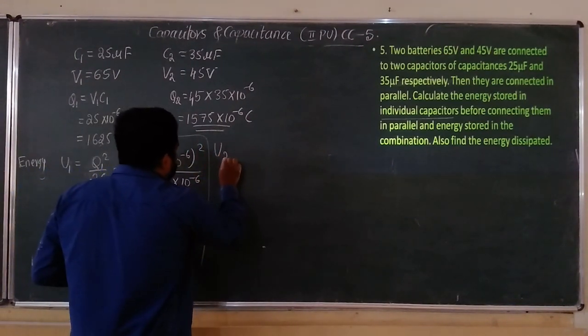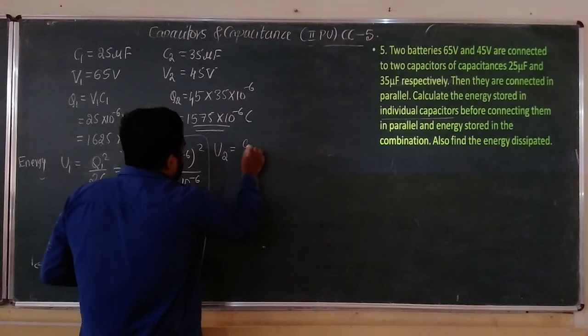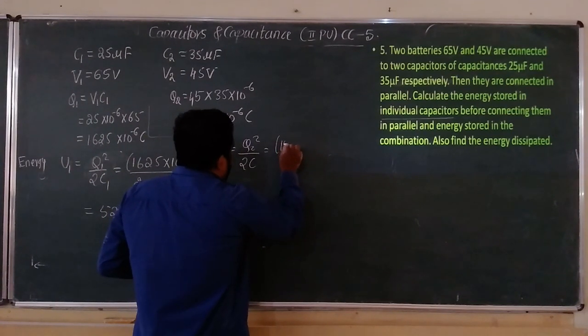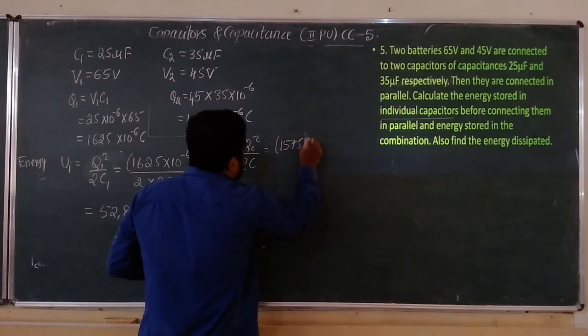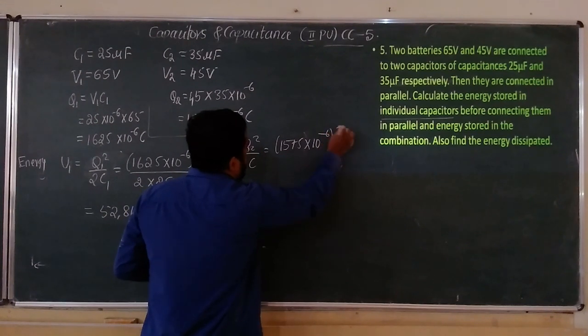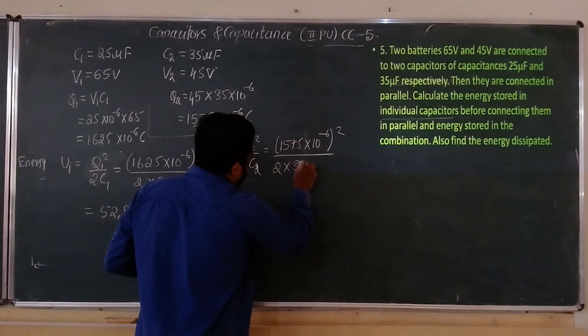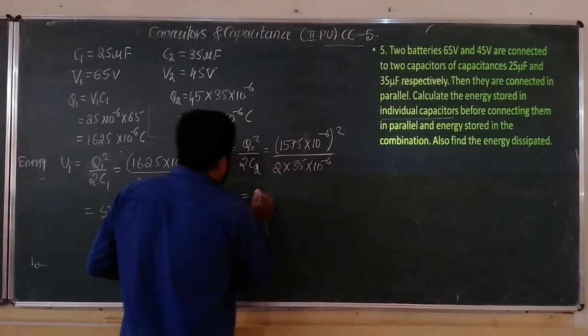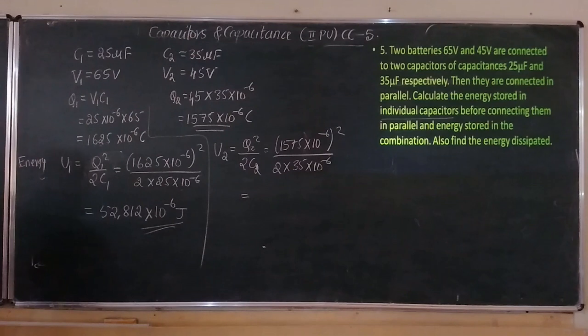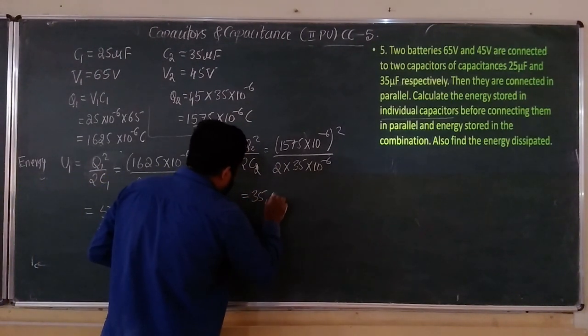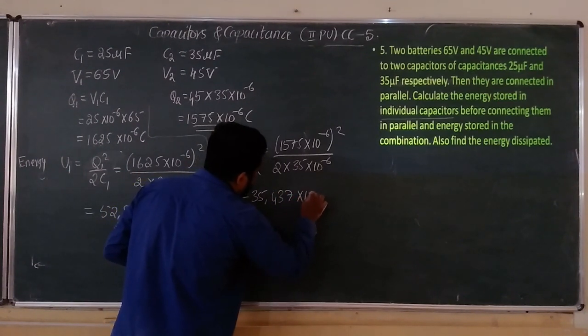Similarly, energy stored in the second capacitor, U2, is equal to Q2 squared divided by 2C, which is 1575 squared into 10 to the power minus 6 squared, divided by 2 into 35 into 10 to the power minus 6.